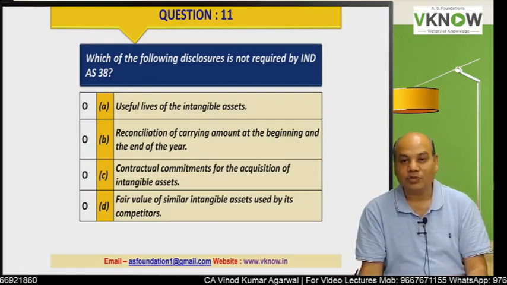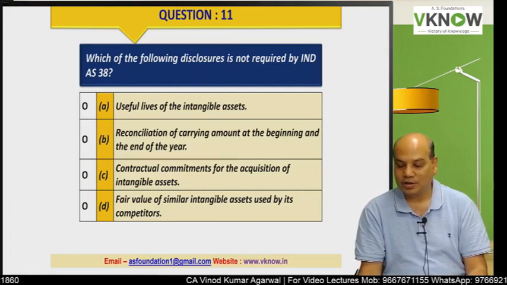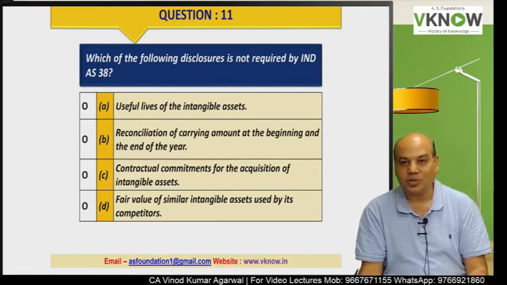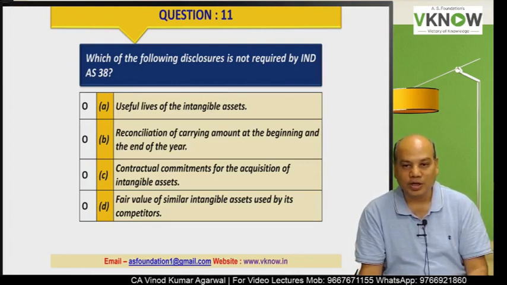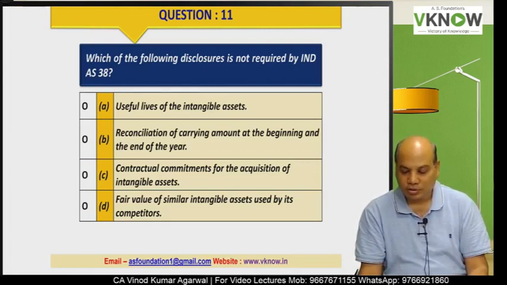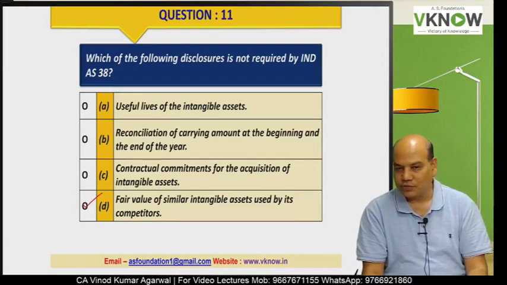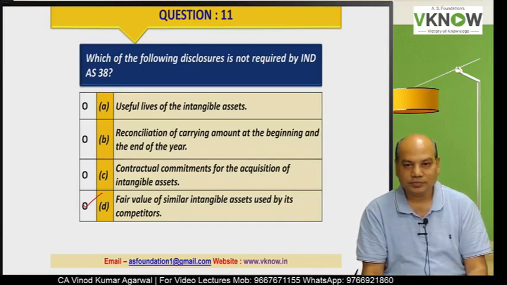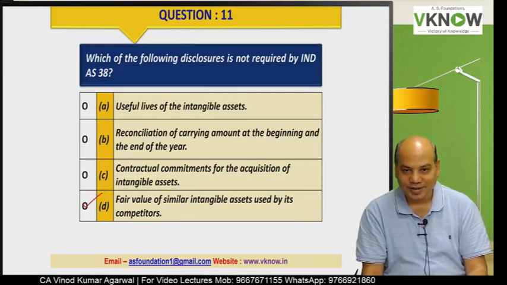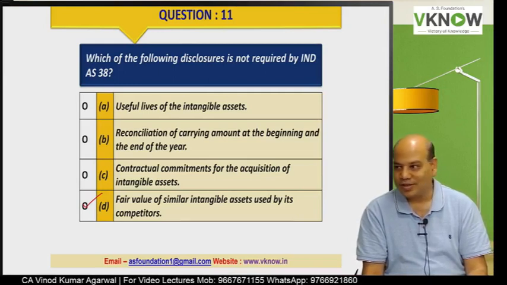Contractual commitment for acquisition of intangible asset, again required. Fair value of similar intangible asset used by the competitor, not required. This disclosure is not required, so therefore this is the answer.